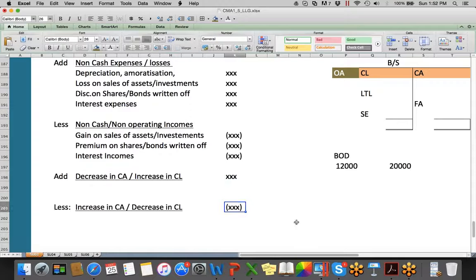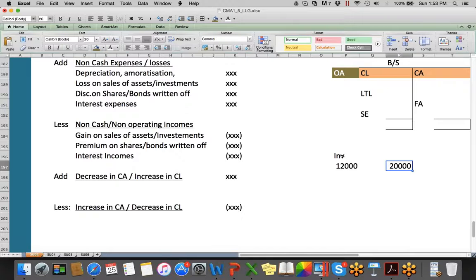Now let us concentrate on here. Increase in current assets, decrease in current liabilities should be deducted. Let me explain why increase in current assets should be decreased. Say for example, current asset, inventory. You have 12,000, now it is 20,000. Means you purchased inventory of $8,000 and you paid cash.